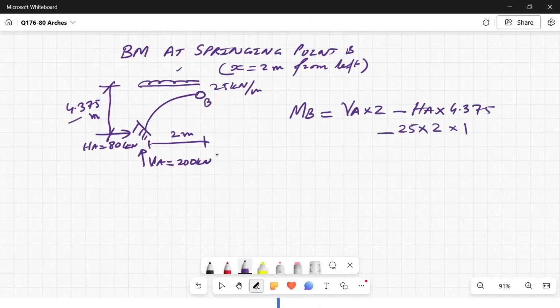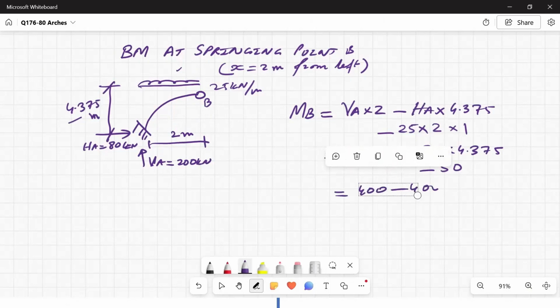And from here, if you put values, 200 times 2 minus HA is 80 times 4.375 minus 50. So this will give me 400, take away 400. So moment at springing point B is equal to 0.